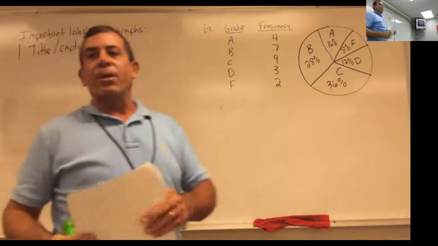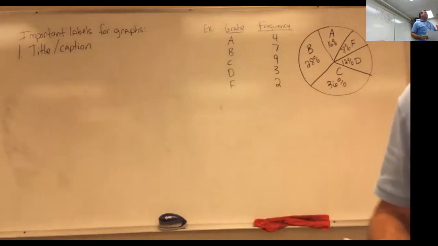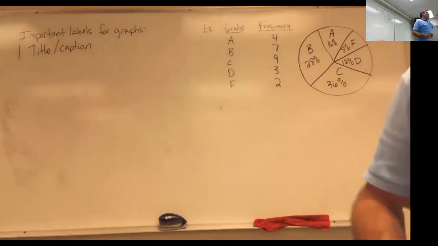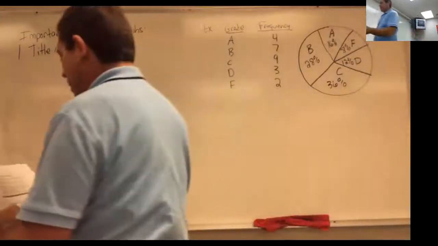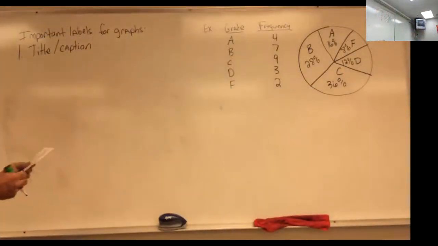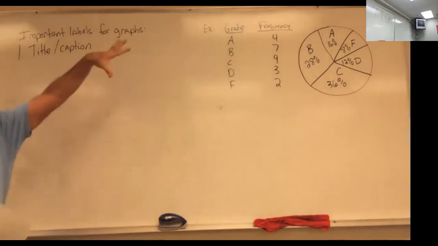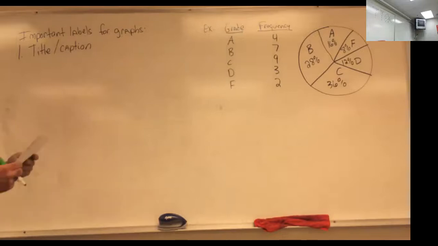Now, I'll tell you, some of this stuff it's not going to hit you with in the homework. Mainly the homework was doing some of the frequency stuff and then determining if something was quantitative or qualitative and stuff. So they're not killing you with this info. But you want a title or caption to sort of show what the graph is even telling me. What information am I getting from that graph, okay?